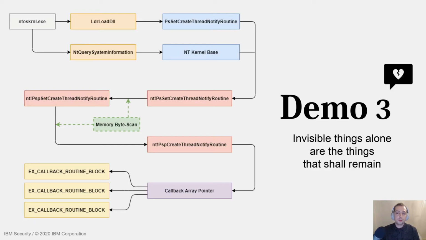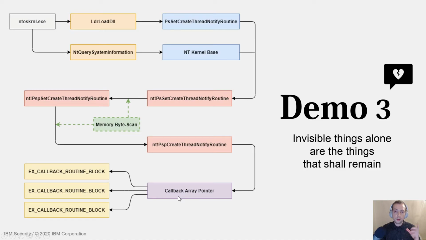Then we do something similar to the previous example where we do some memory byte scanning, and that gives us this second function here, PspSetCreateThreadNotifyRoutine. And then again, the same old thing, we do more memory byte scanning to find this global here, nt!PspCreateThreadNotifyRoutine. Now this global is a pointer which points at a callback array, right?